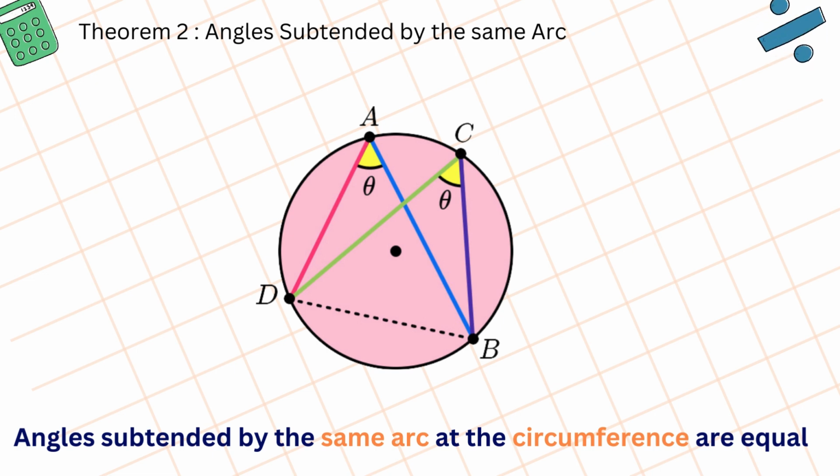In the given diagram, DB is an arc which subtends two angles A and C at the circumference of the circle. As per our theorem, angle DAB and angle DCB will always be equal. This holds true for any angle created at the circumference by the arc DB.